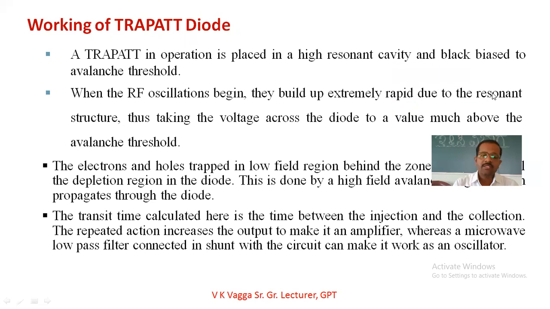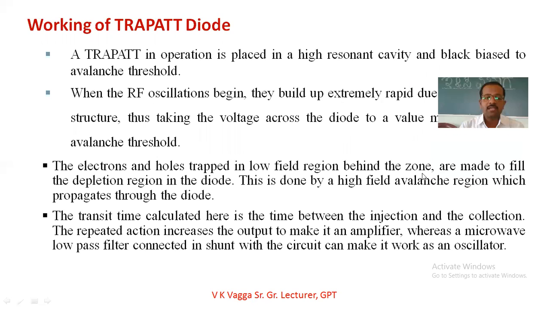So a TRAPATT in operation is placed in a high resonant cavity, under the reverse biased condition. After applying the RF oscillations, it begins extremely rapid action in the resonance structure, and the voltage crosses above the avalanche threshold.